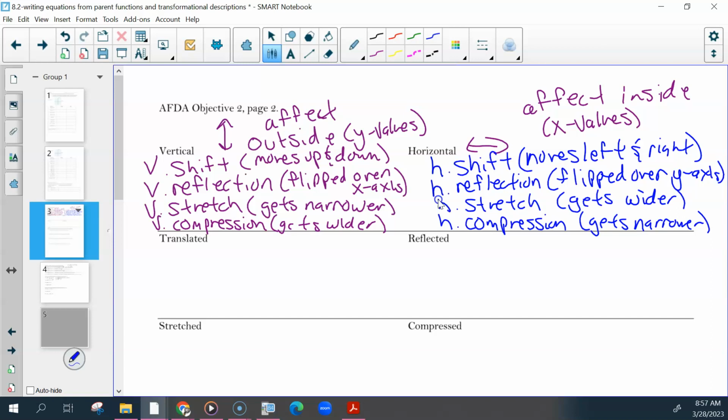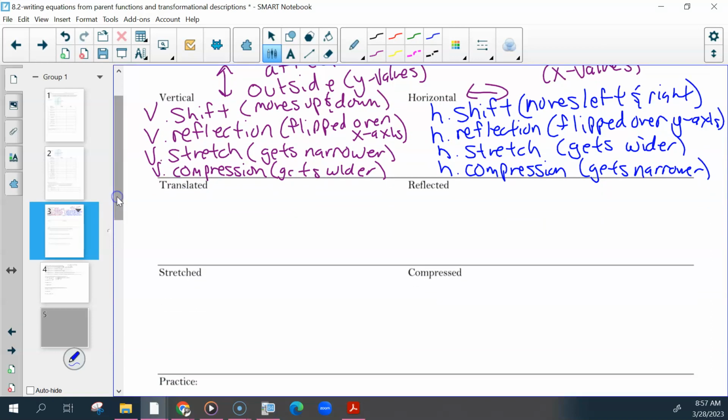So we're going to draw two sets of axes for all of these. So whether you want to do that all at the same time or wait is up to you. I'm going to label one V, one H, so we can see the vertical translations and the horizontal translations. We're going to be doing that for each of these.